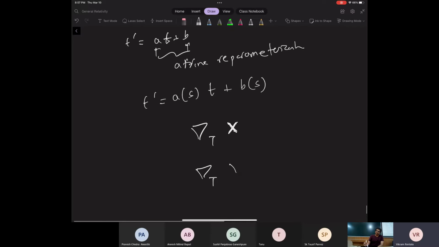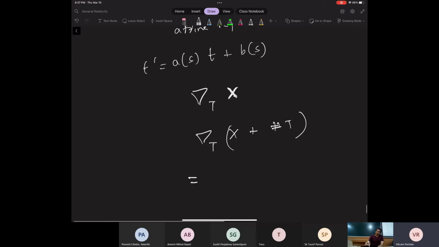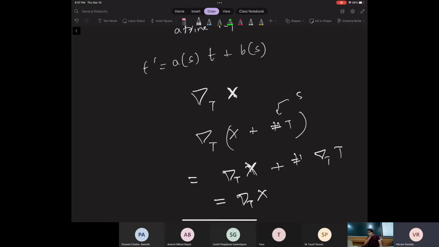In that case, del t x will be del t x plus something times t. This quantity only depends on s, it doesn't depend on t, so I can pull it outside. So I guess the velocity doesn't change under that reparameterization.